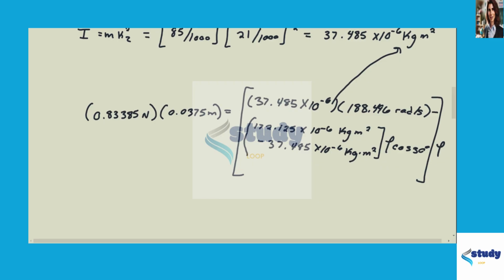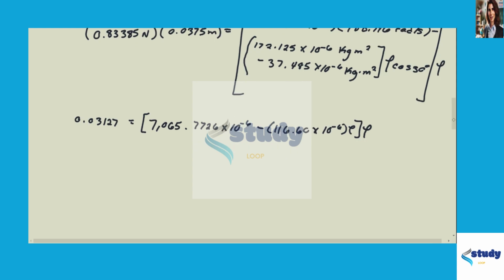And we can simplify, so we have 0.03127 equals 7065.7726 times 10 to negative 6 minus 116.60 times 10 to negative 6, and this has phi here, and we have phi here, there we go.